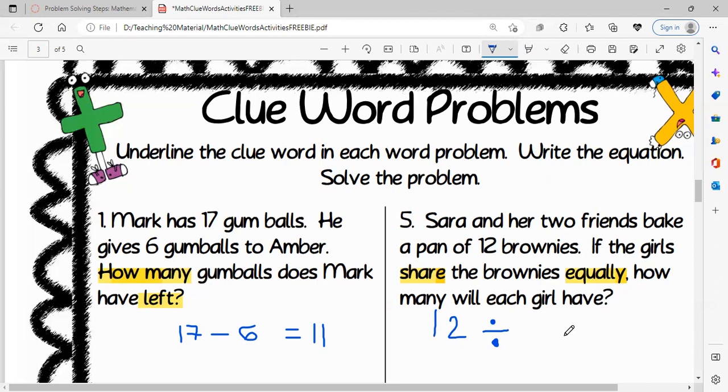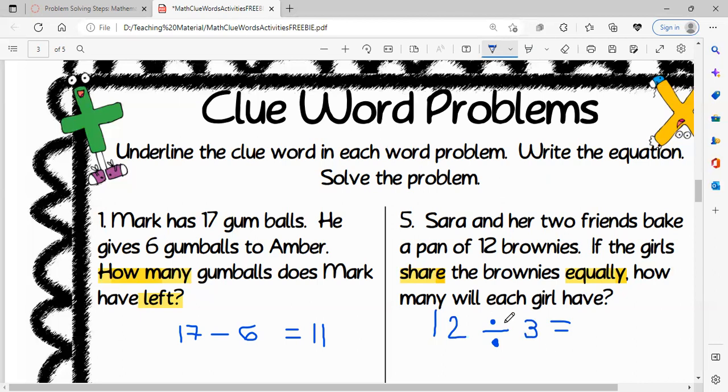Sarah and her 2 friends, it will be 3. Because Sarah would equal one person, and it says that she has 2 friends, which would be 3 people in total. So Sarah, altogether, including her friends, would be 3.